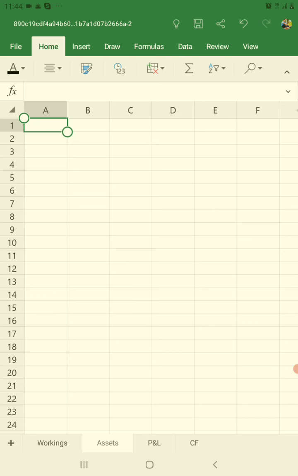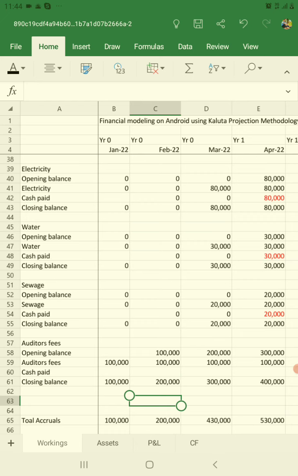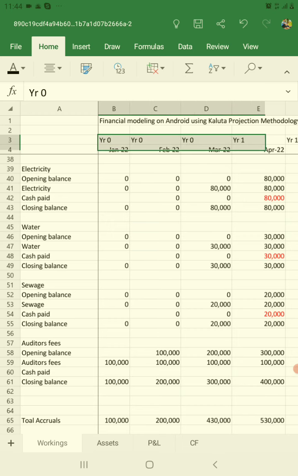Now let me copy from working sheet, let me copy the annual and monthly rows and paste them in the assets sheet. Okay, so I select them, highlight to select them.